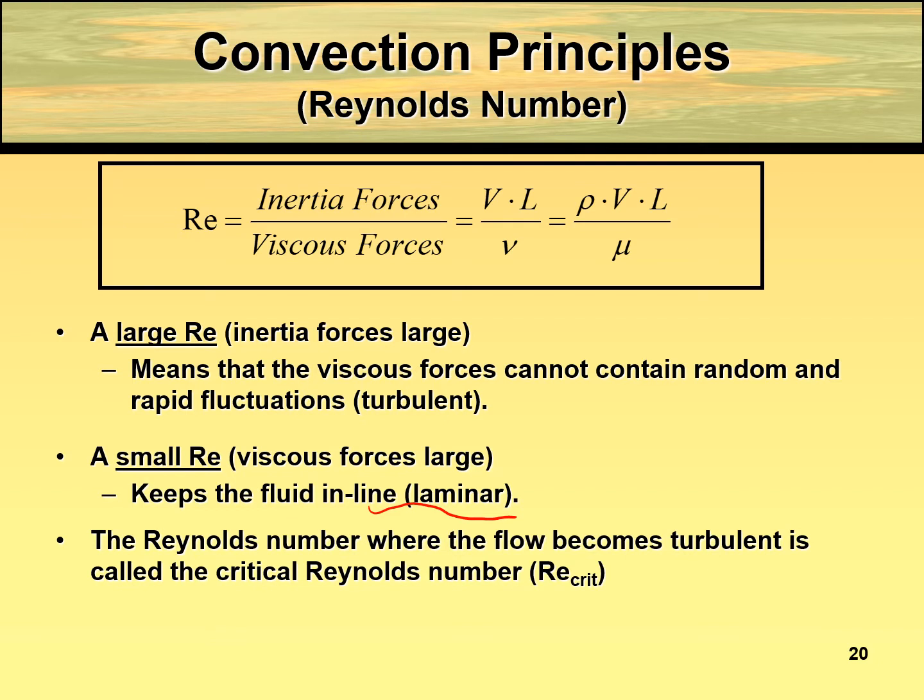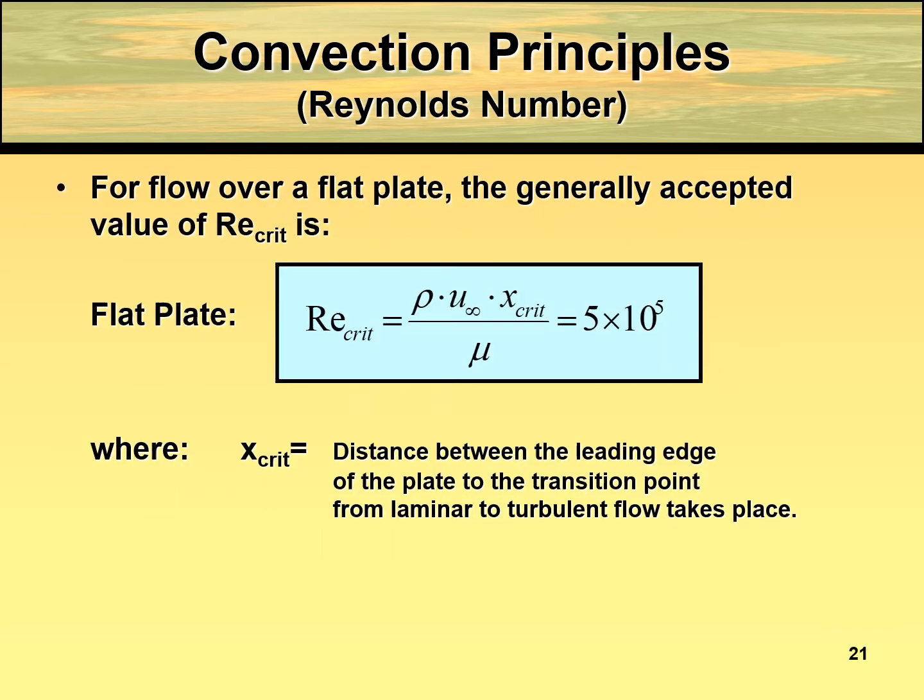The Reynolds number where the flow becomes turbulent is called the critical Reynolds number. There is a difference in the critical Reynolds number between external flow and internal flow. For external flow, the critical Reynolds number is 400,000, and for internal flow about 3,200. Oh, sorry, my mistake.